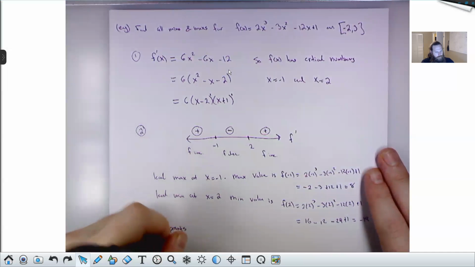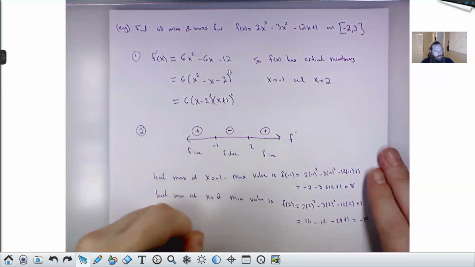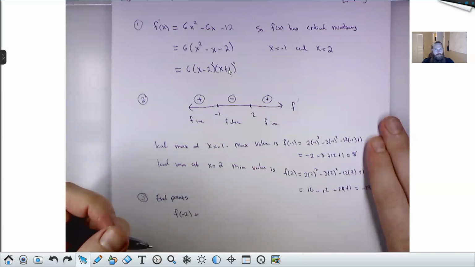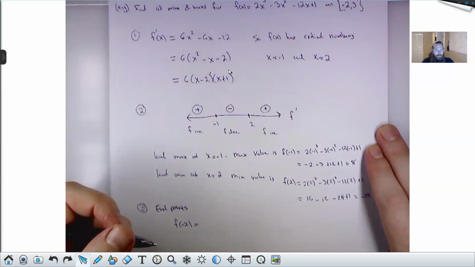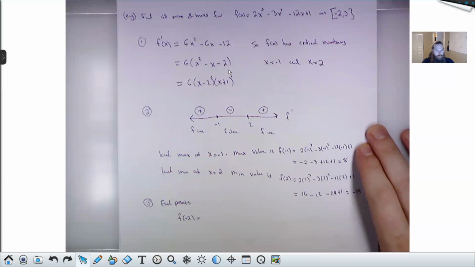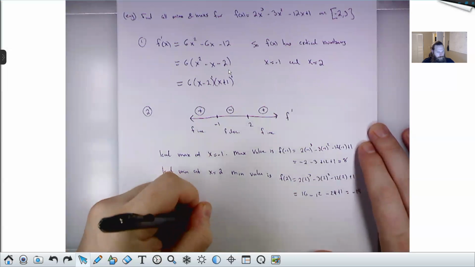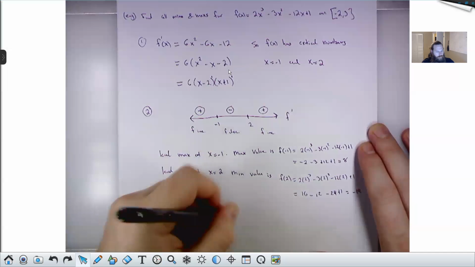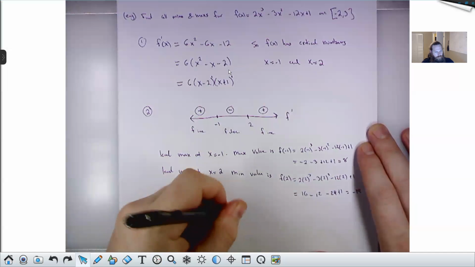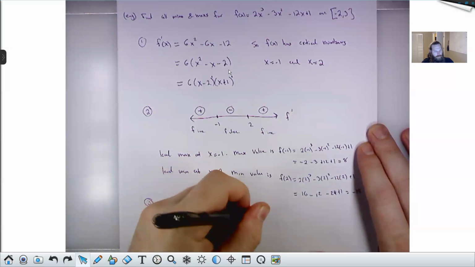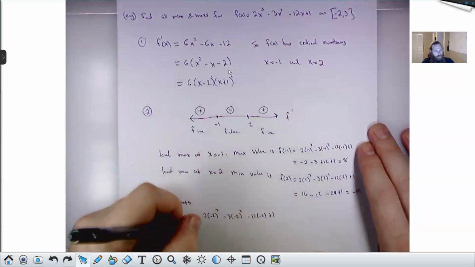So f of -2, the left endpoint, zoom out a little so you can see it. F of -2 is 2 times -2 cubed minus 3 times -2 squared minus 12 times -2 plus 1.